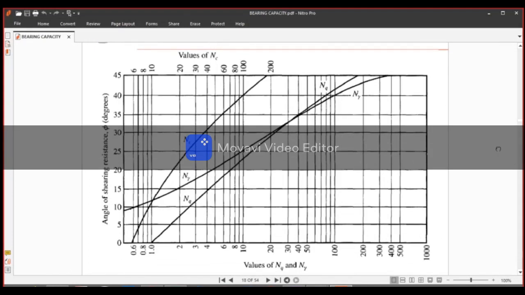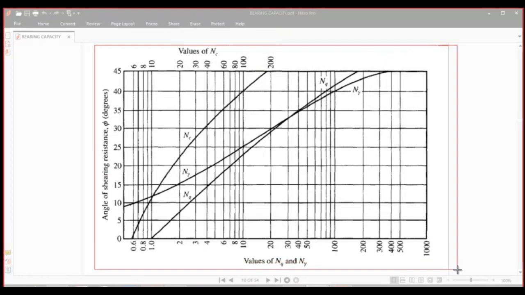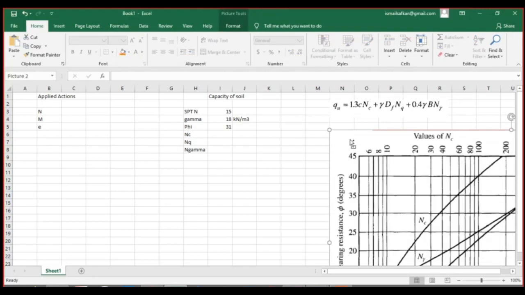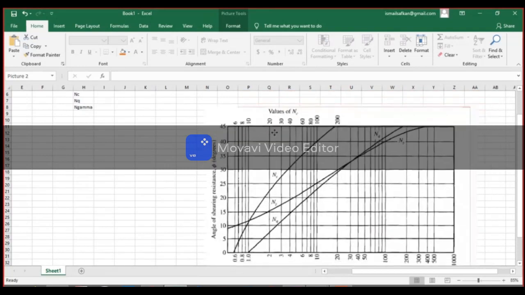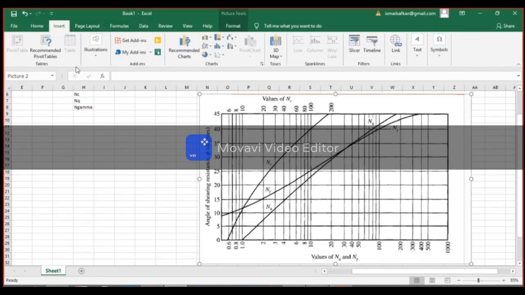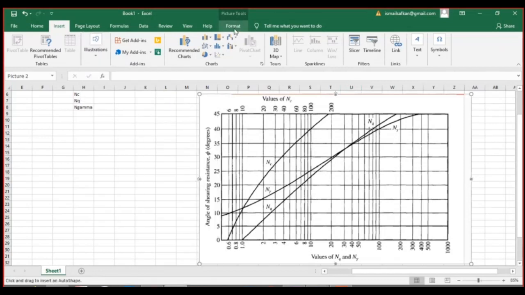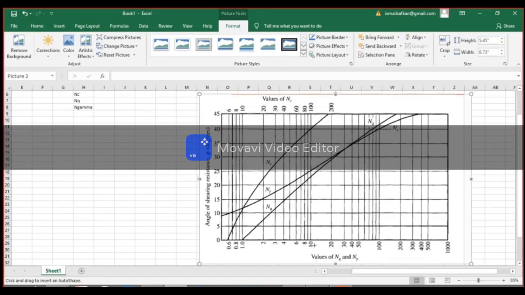If I copy paste this chart on my Excel, I'm looking for 30.